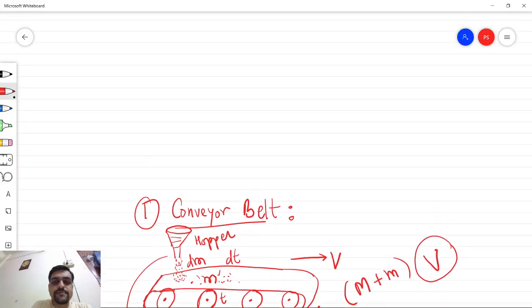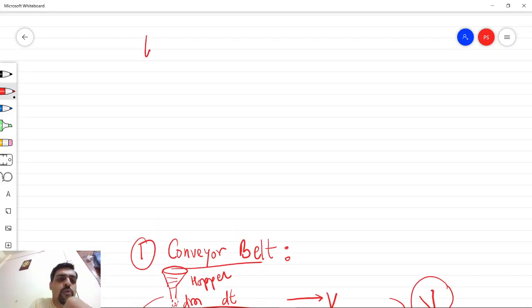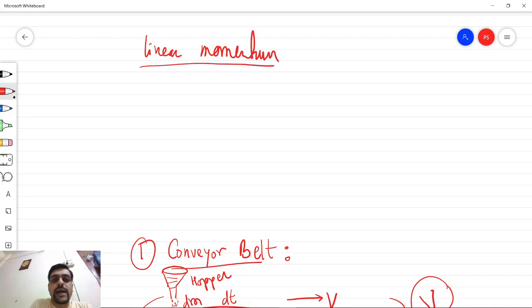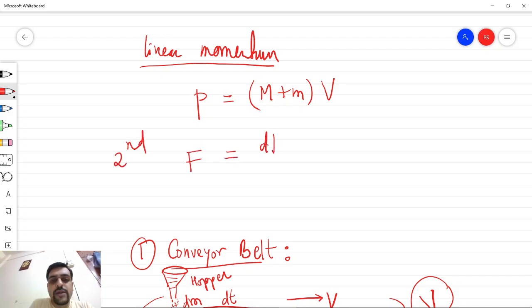In that case, the linear momentum by definition is going to be (M plus m), which is the total mass of the system, into v, which is the velocity of the system. And by Newton's second law, the force required would be equal to the rate of change of momentum as a function of t.